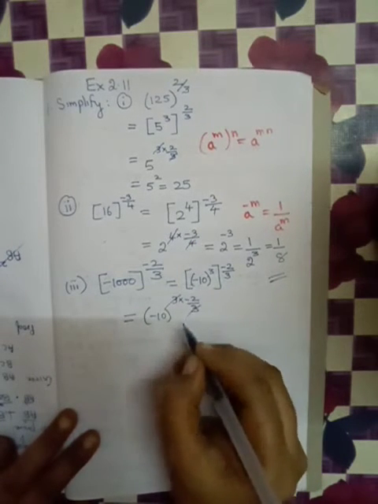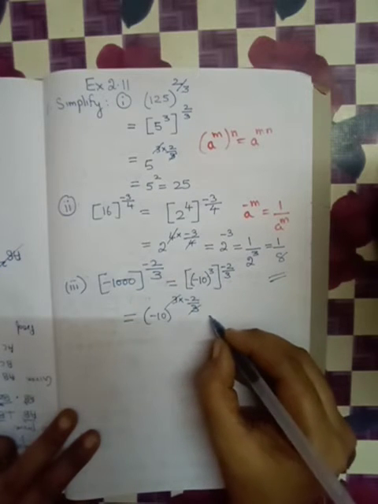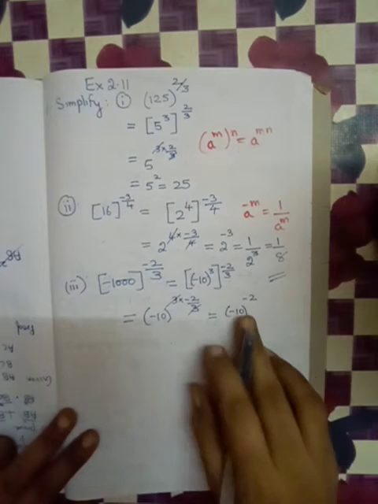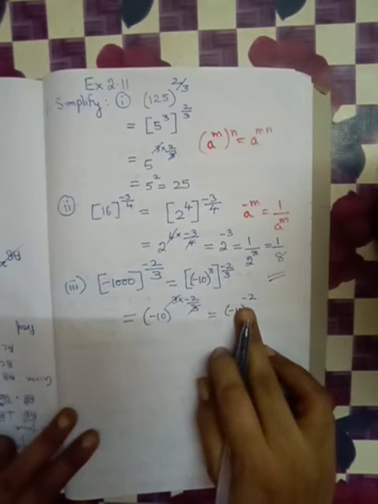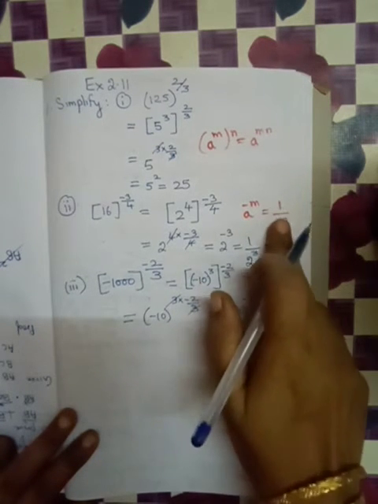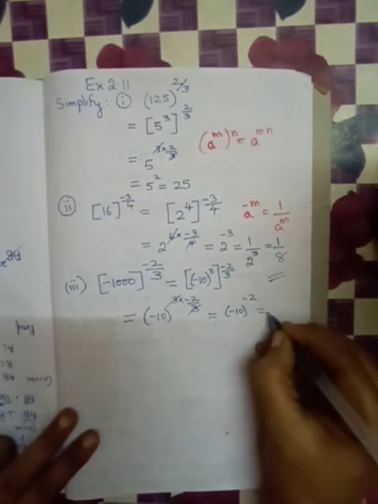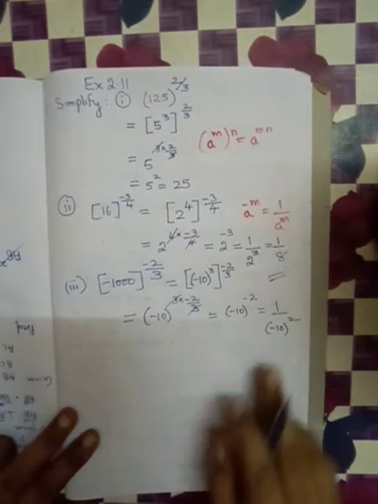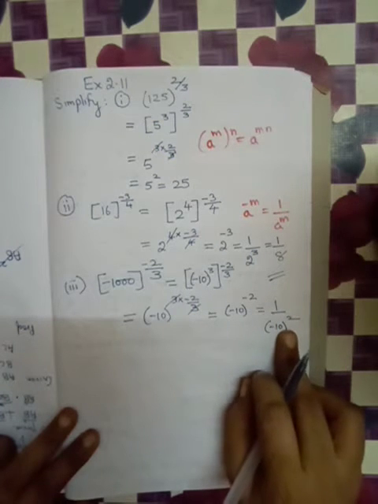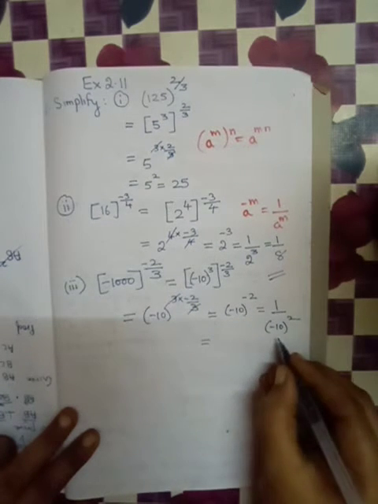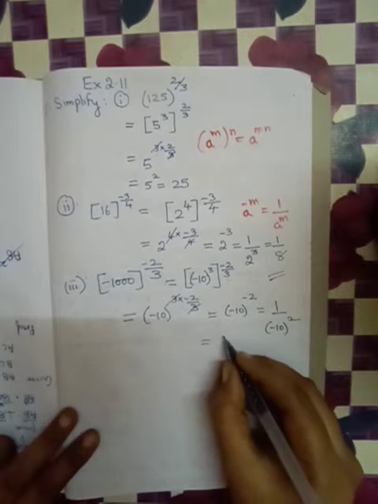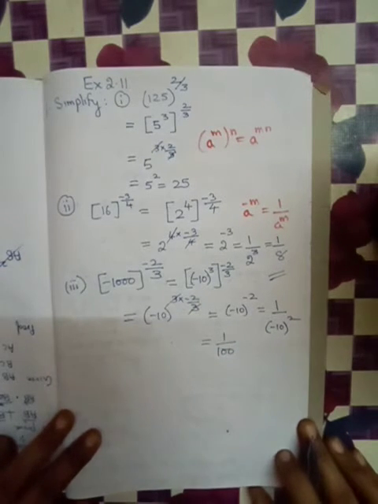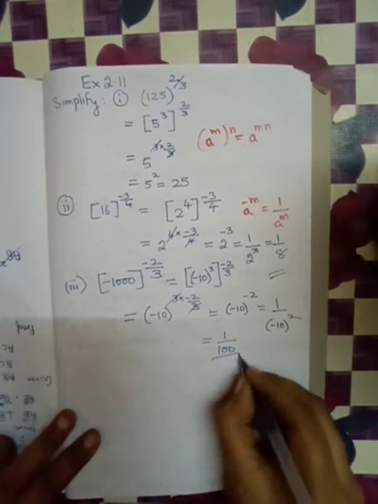This 3 and this 3 I can cancel. So I will have minus 10 to the power minus 2. I want to avoid the negative sign in the power. So using this rule, I can write it as 1 by minus 10 whole square. So in the power the minus 2 goes off. And we know that minus 10 if I multiply 2 times, minus 10 into minus 10, the answer is 100. So the answer is 1 by 100.